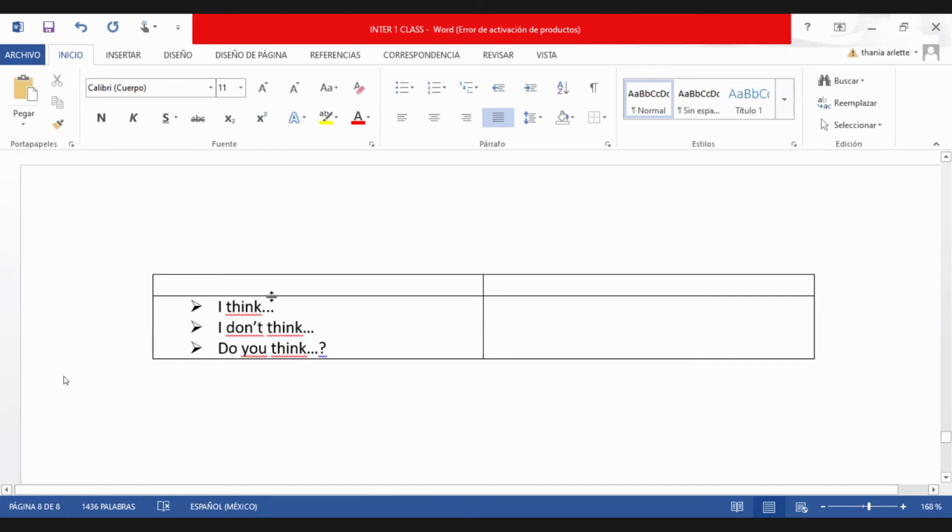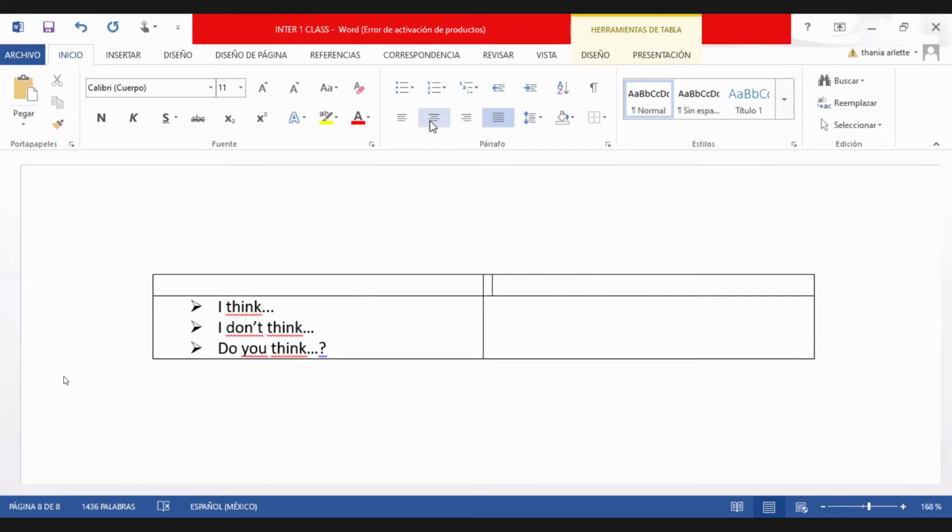These phrases can introduce an affirmative. Now you are going to see why I decided to change the structure before. Affirmative. In this column.